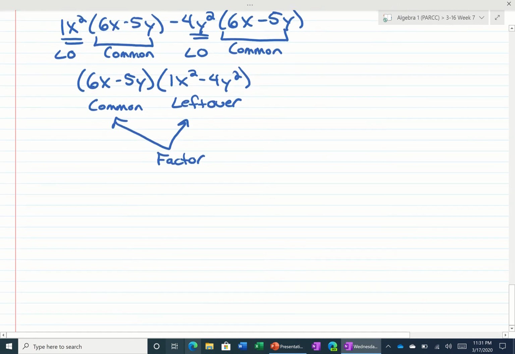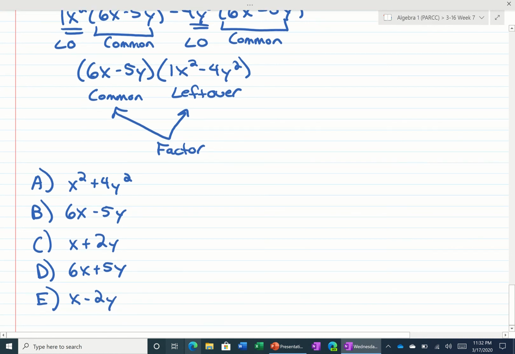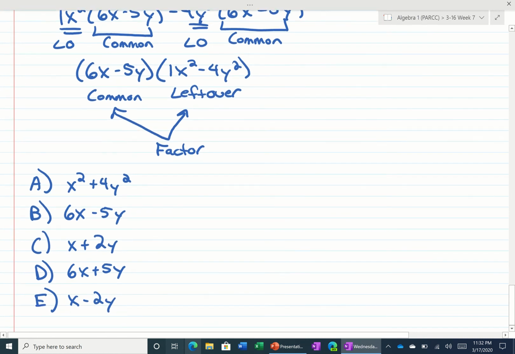So taking a look at the answer choices, I'm trying to see, do I see 6x minus 5y anywhere?